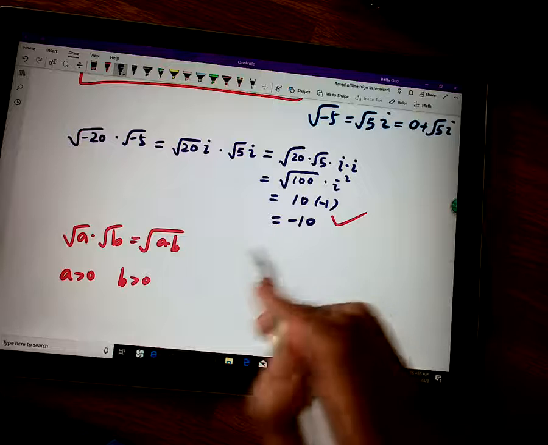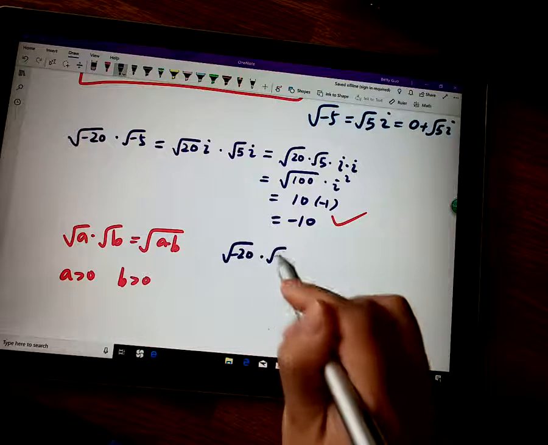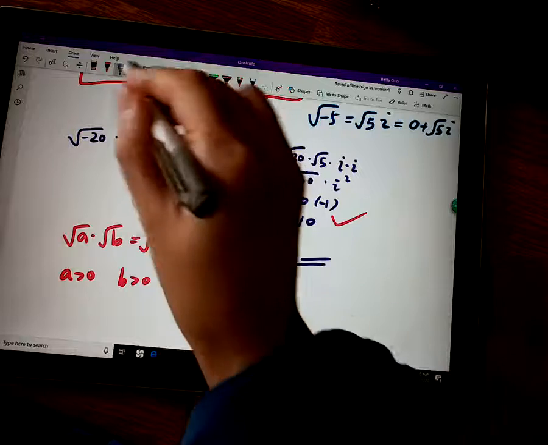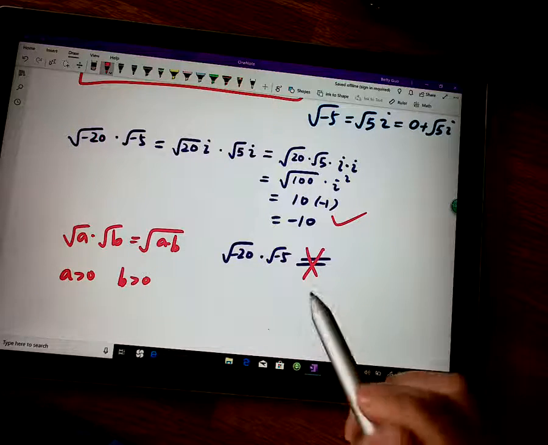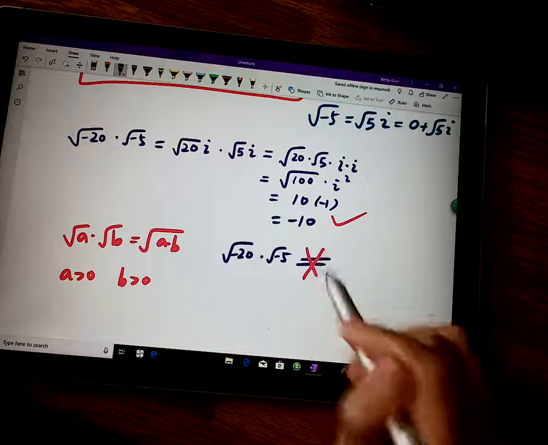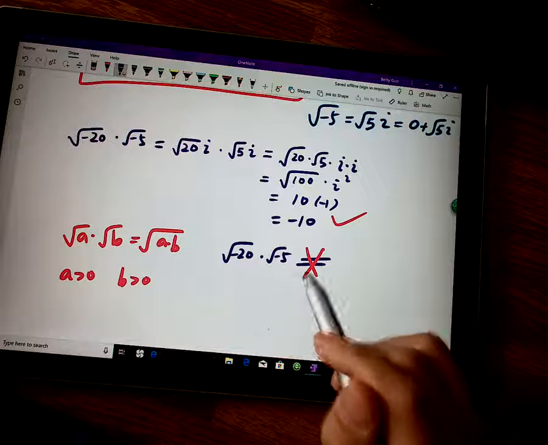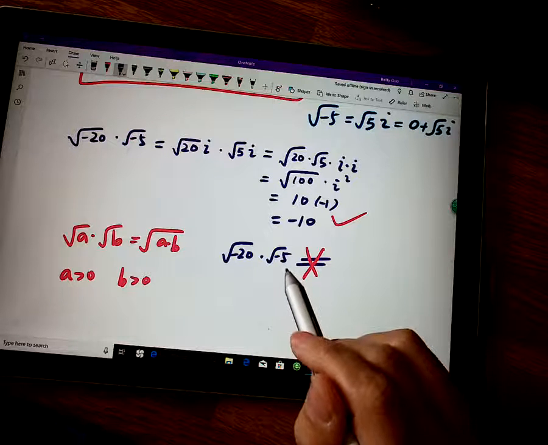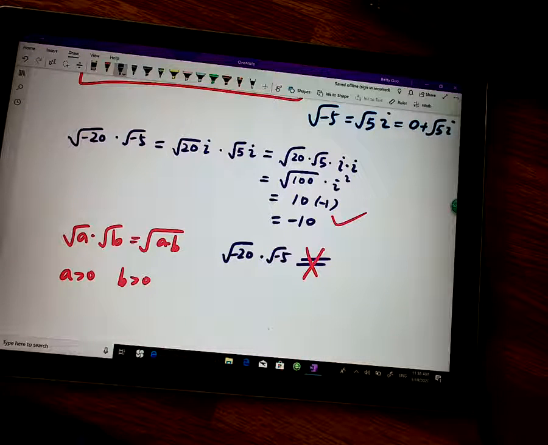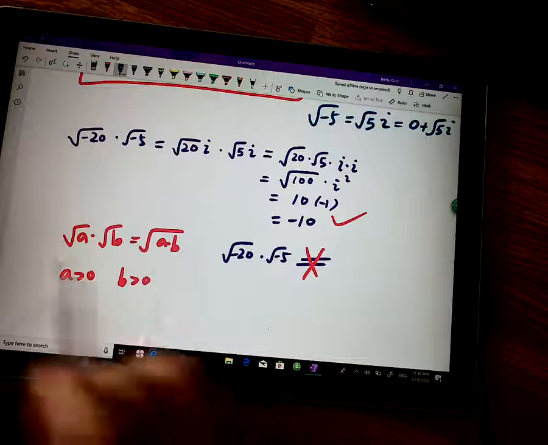So my point here is a common mistake. We see square root of negative 20 times square root of negative 5. By the way, common mistake means this is wrong, okay? Don't do that. Make sure when you take the notes, you have that cross written down also. That is incorrect, that is wrong. The common mistake here is they apply this formula.